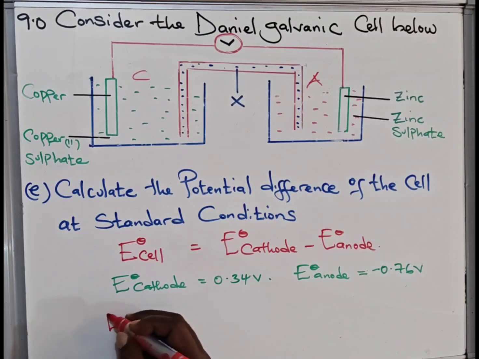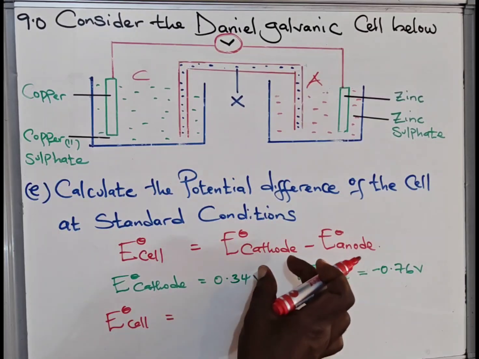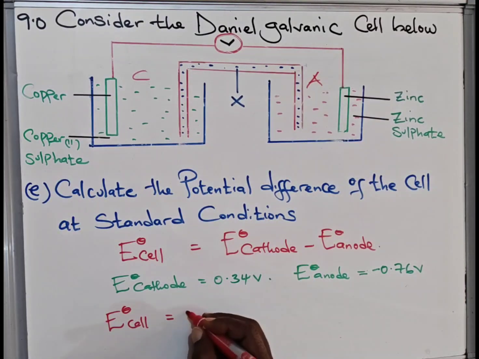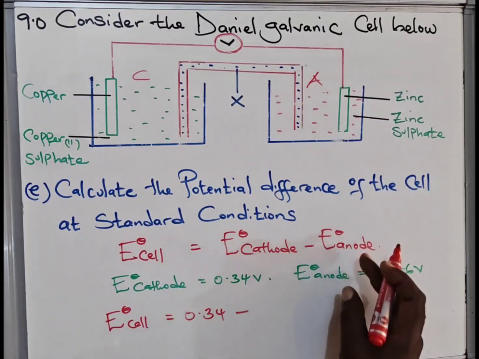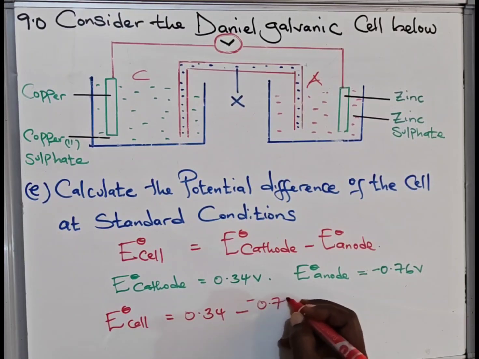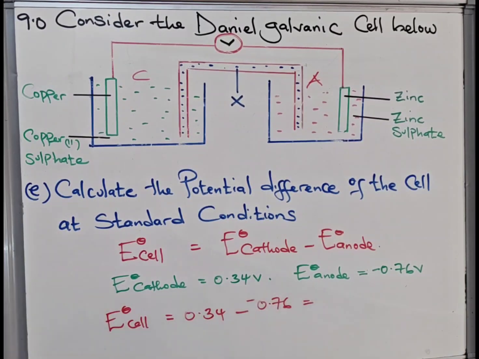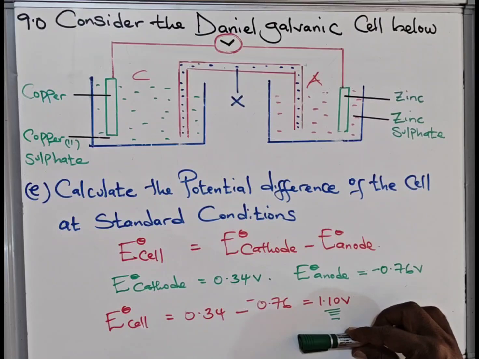So we are having E naught cell is equal to E cathode, and our cathode is 0.34 minus E naught anode, which is negative 0.76, giving us this 1.10 volts. You have to know that this is the voltage taken at standard conditions.